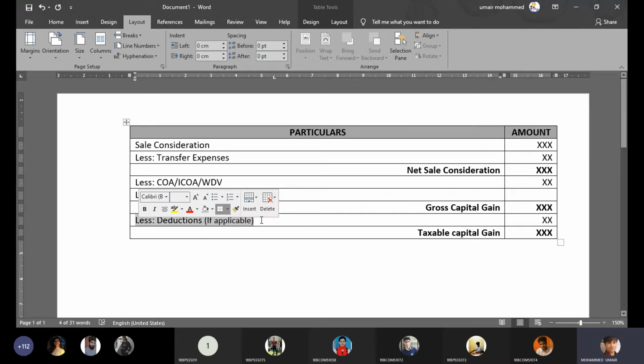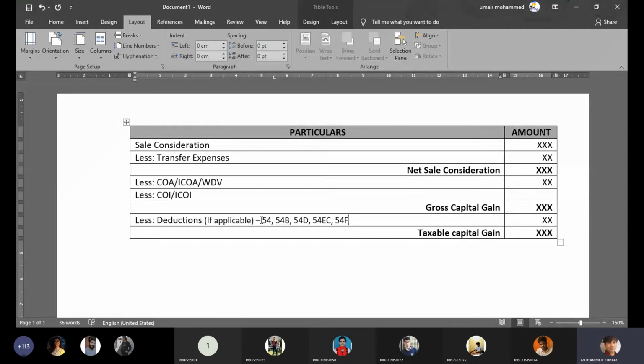What are these deductions? These deductions can be claimed from gross capital gain, and these deductions are specified under these sections: section 54, section 54B, section 54D, section 54EC, and section 54F. Well, there are other sections also, section 54G, section 54GGA, right?